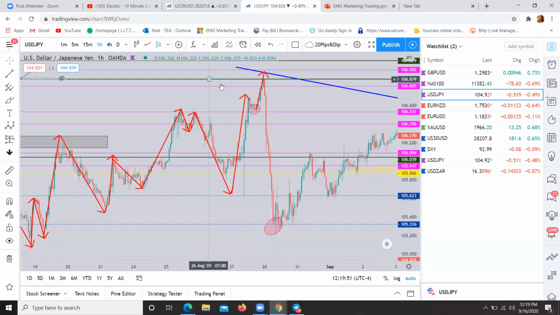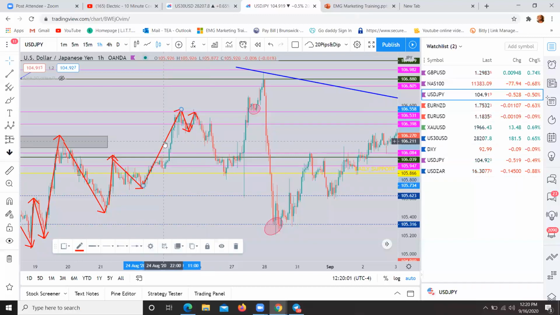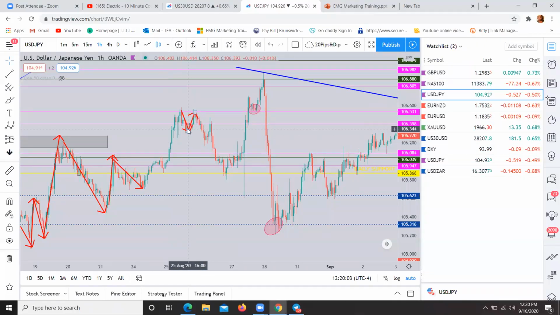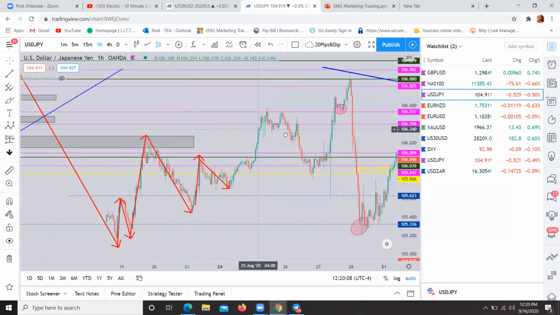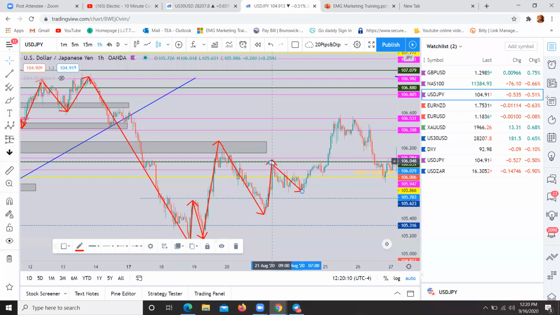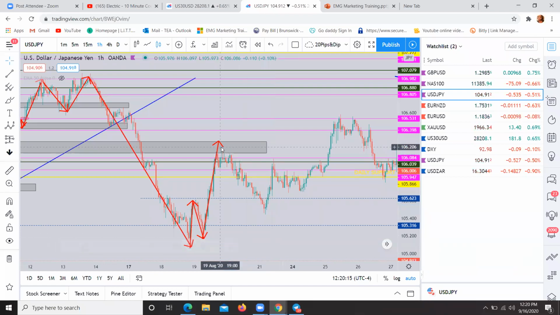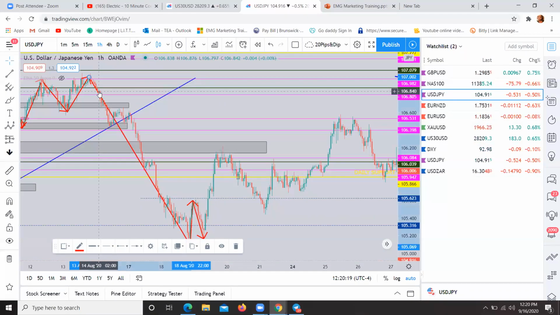Put this in the chat: market structure will make me wealthy. When you master this, your winning ratio is going to be very high.